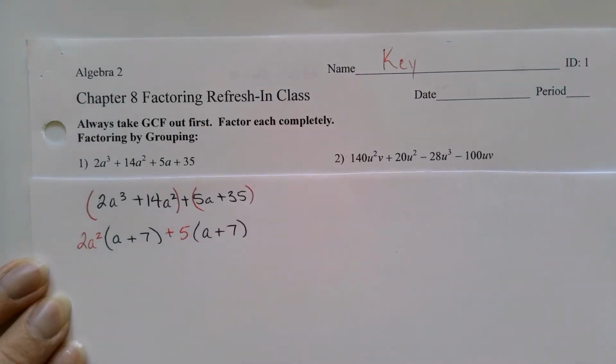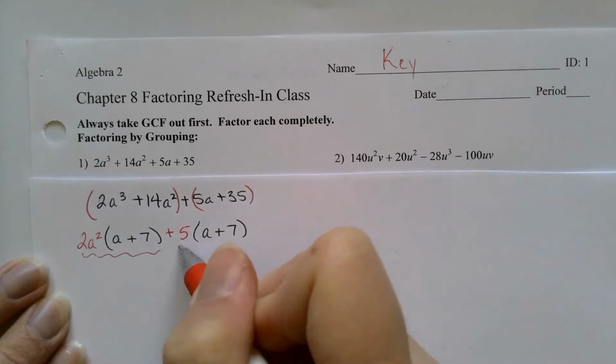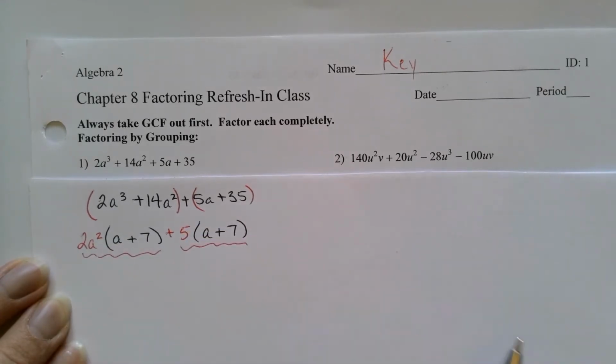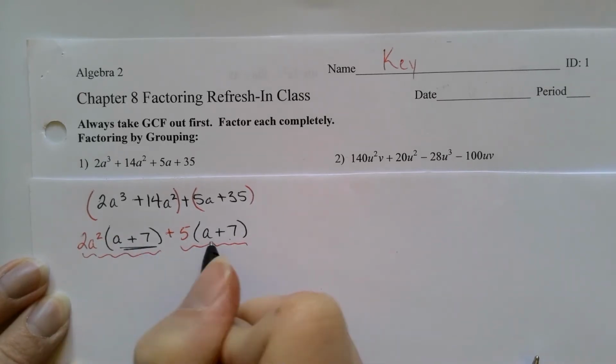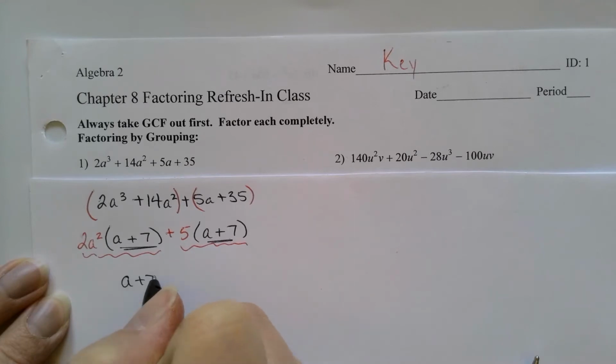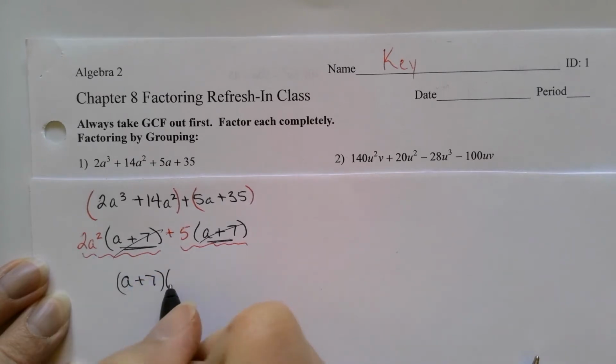It's a little abstract, but I have two terms, and these two terms have the a plus 7 in common. So just like a GCF, I'm going to pull this out, a plus 7. I like to pull that out first, keep it in parentheses. That is the GCF. And then what's left is 2a squared plus 5.